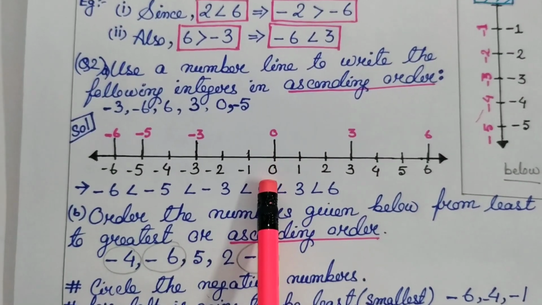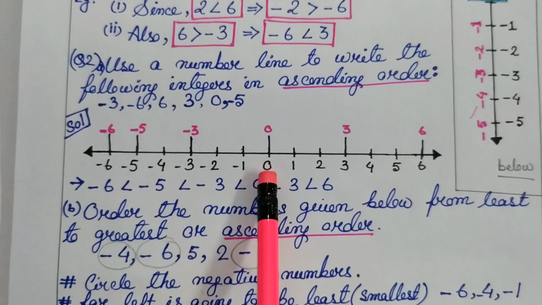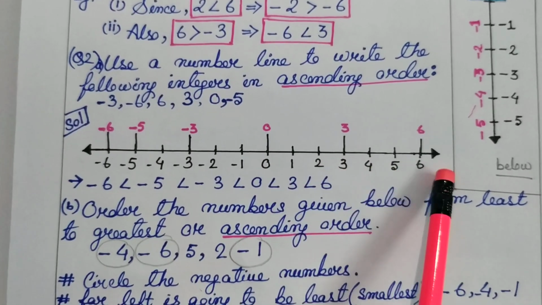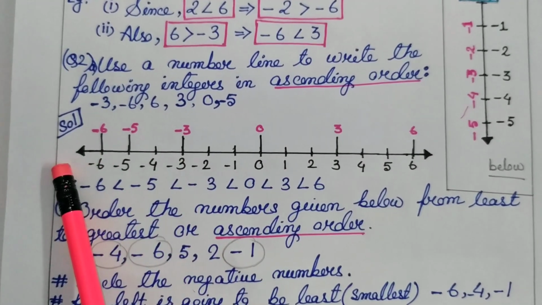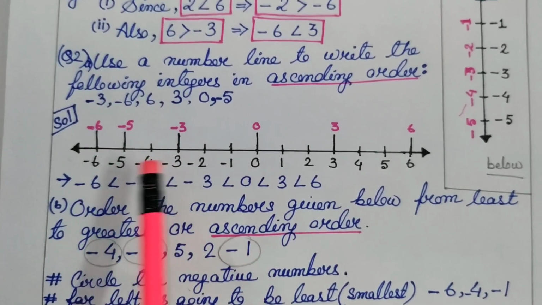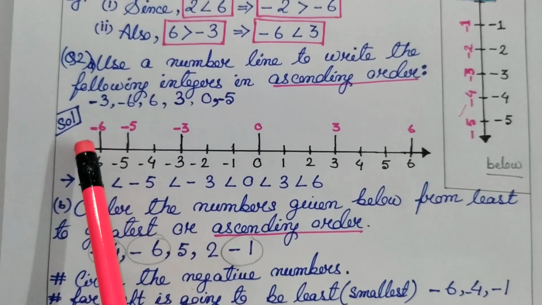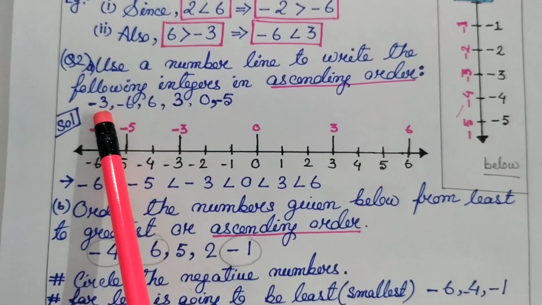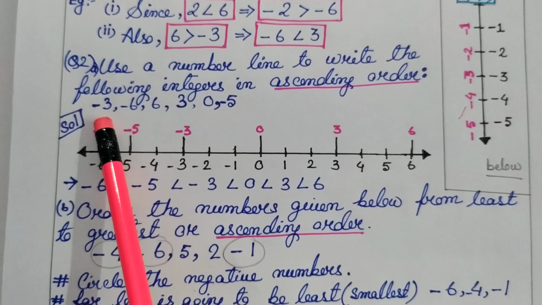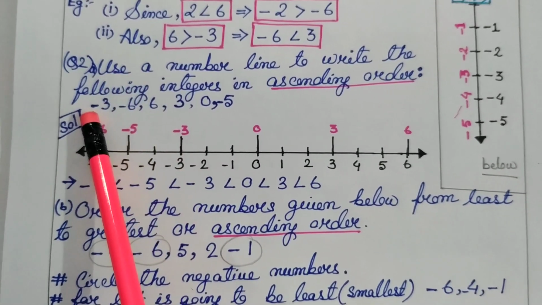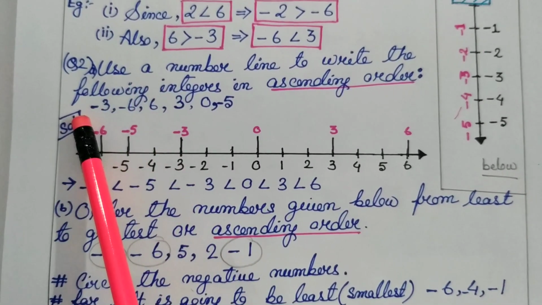Then I have drawn a line, and you will arrange the numbers accordingly. What you will write? 1, 2, 3, 4 like this. And over here also, negative values you will write. Then you will locate the value. How you will locate? See, the first value is minus 3. Whatever is written you will write and put a cross. After you finish it, you will put a cross.